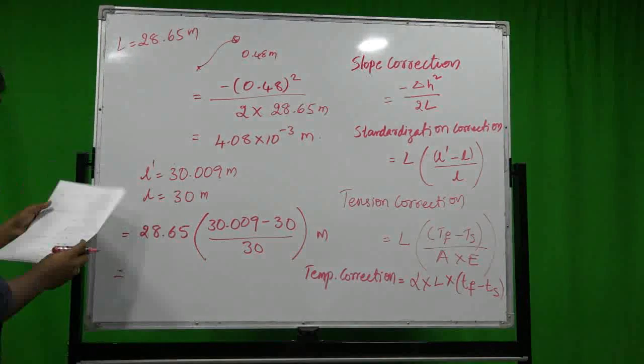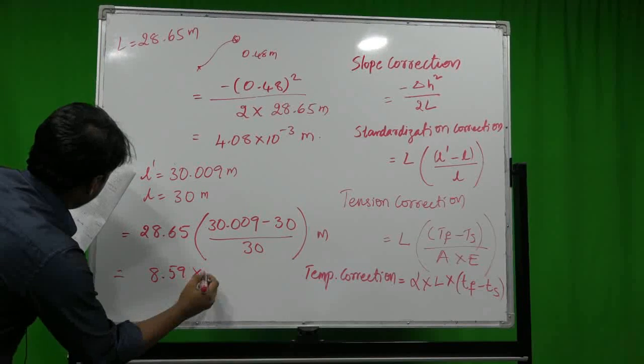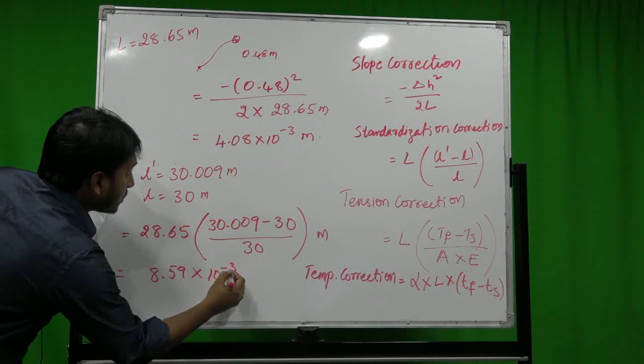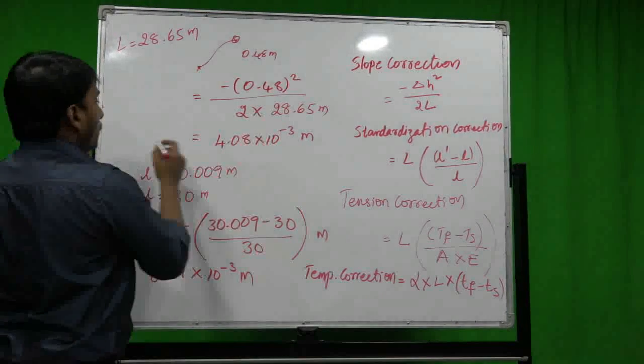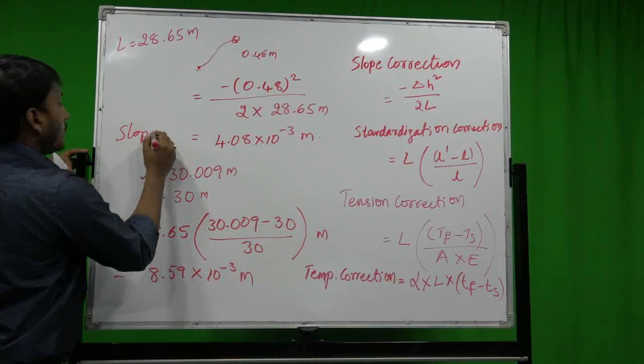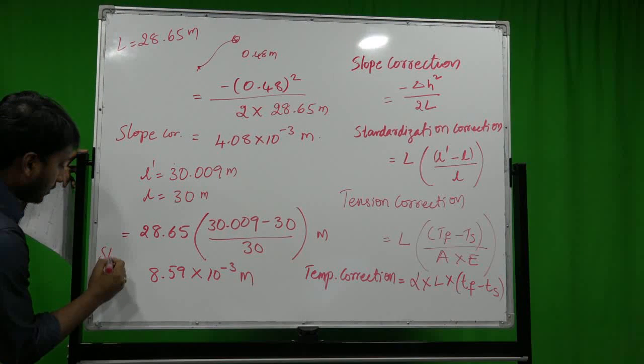If you solve this, you will get 8.59 × 10⁻³ meter. So this is for slope correction and this is for standardization correction.